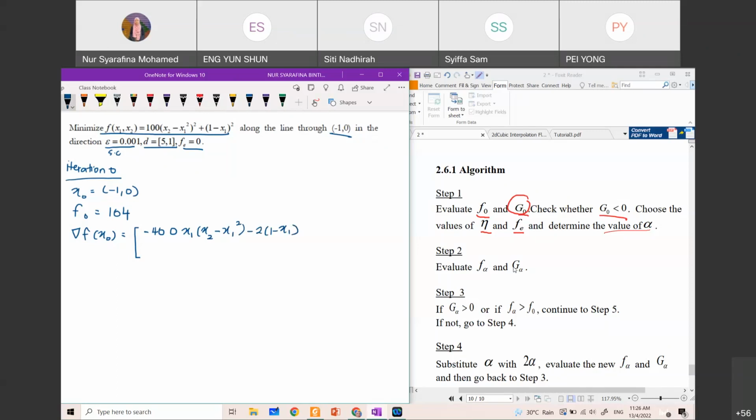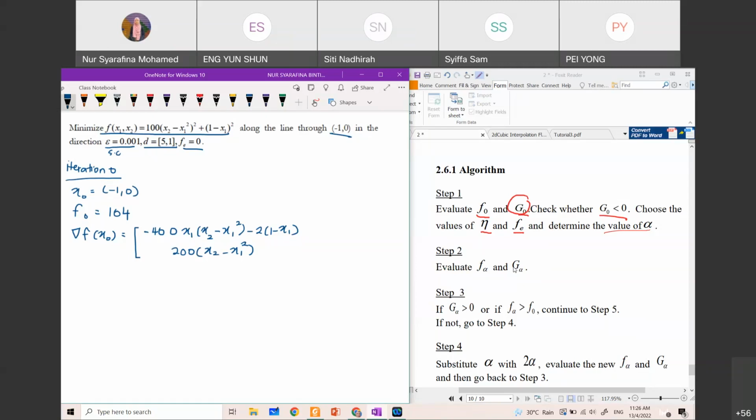And then another one, 200 times (x2 minus x1 squared). The first one is where we differentiate the function with respect to x1.